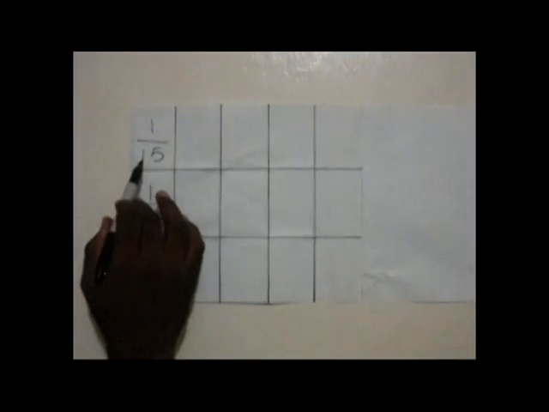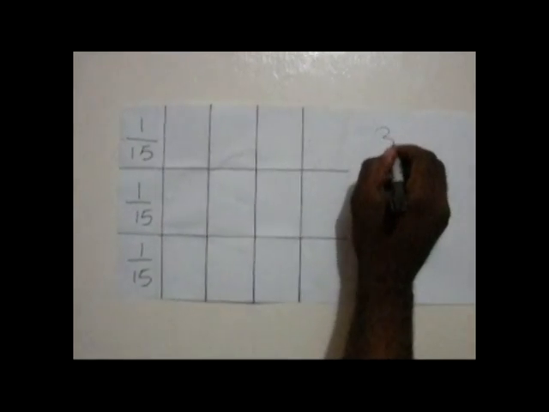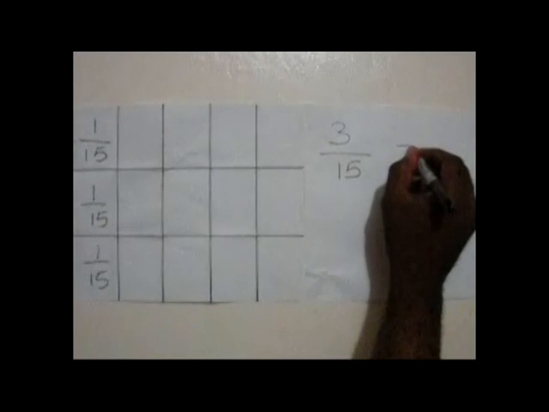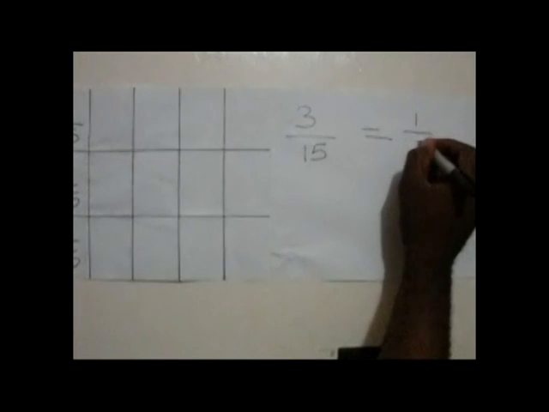Okay, let's record some data here. Now we're saying that 1, 2, 3 15ths is equal to 1/5. See? 1, 2, 3, 4, 5. So it's equal to 1/5. Good.